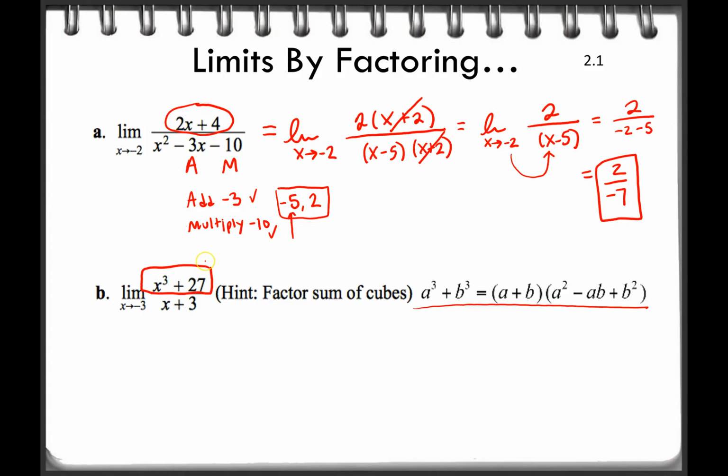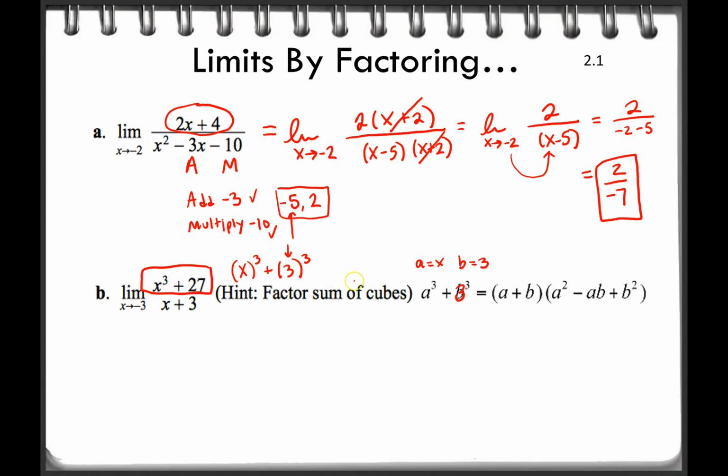So if I have x cubed plus 27, I can rewrite that as x cubed plus 3 cubed, meaning that a cubed would be x cubed, so my a is x, and my b is 3. Why is that true?